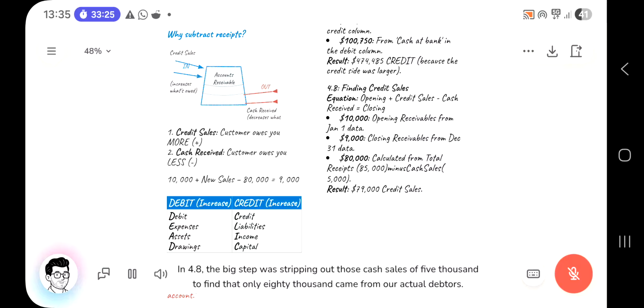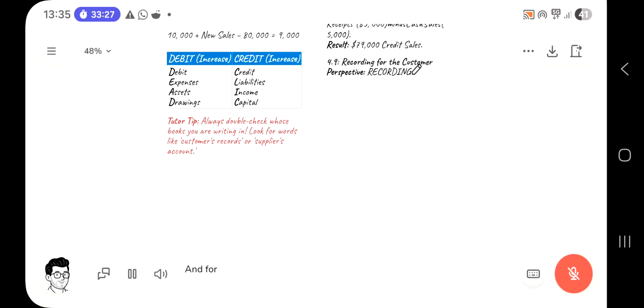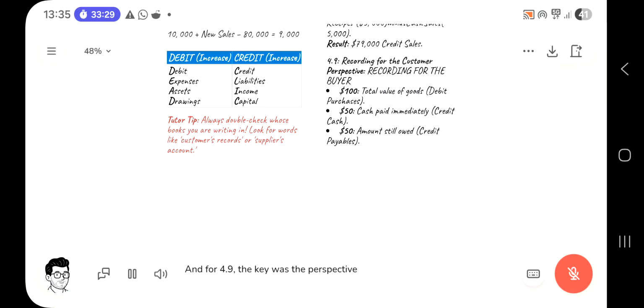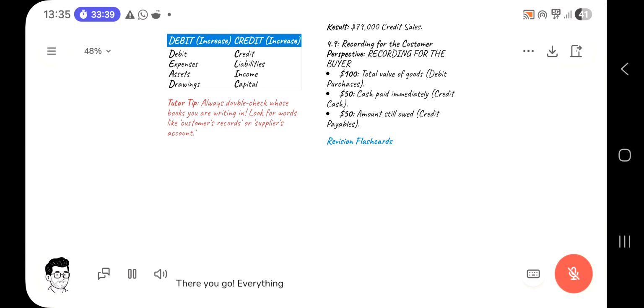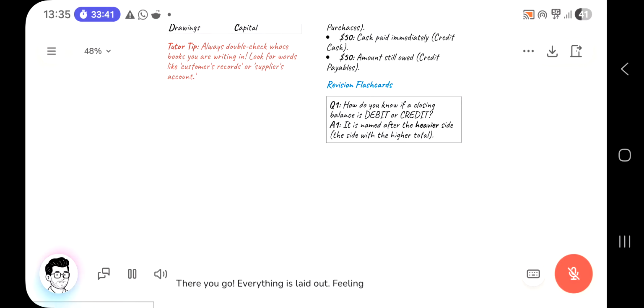And for 4.9, the key was the perspective switch. Since we were the customer, it was a purchase for us, not a sale. There you go. Everything is laid out. Feeling like an accounting pro yet?